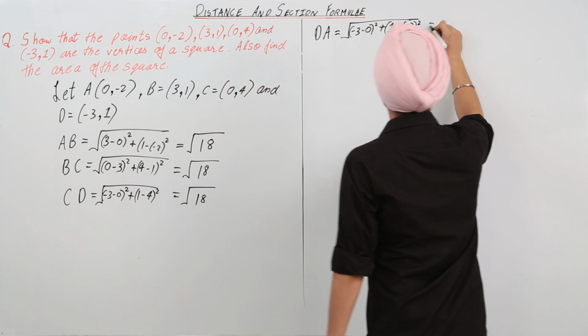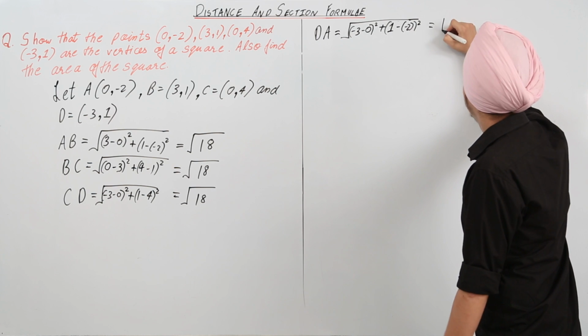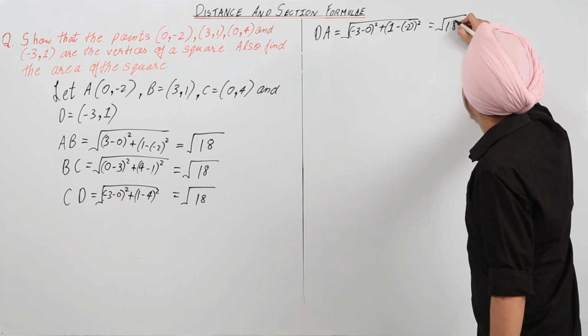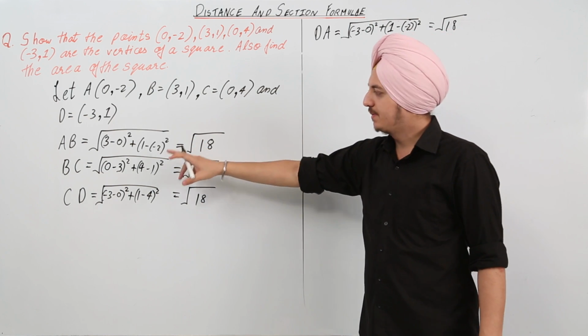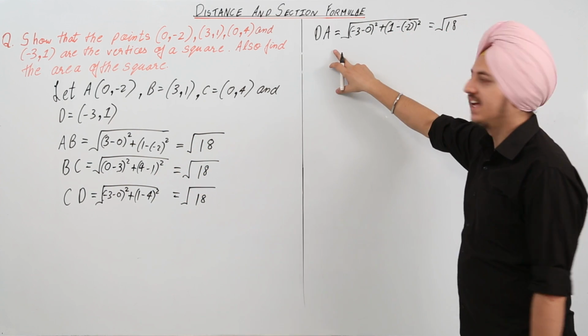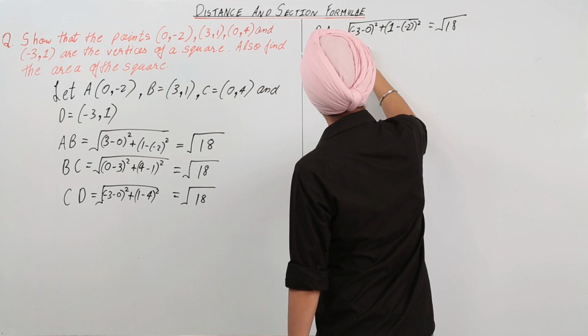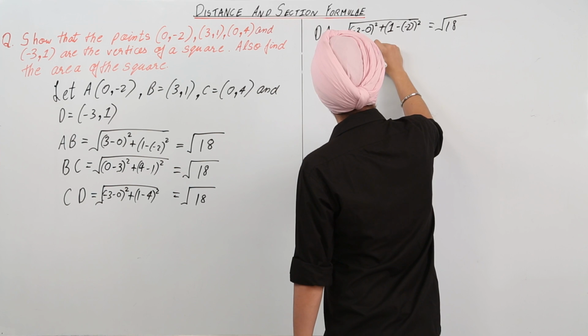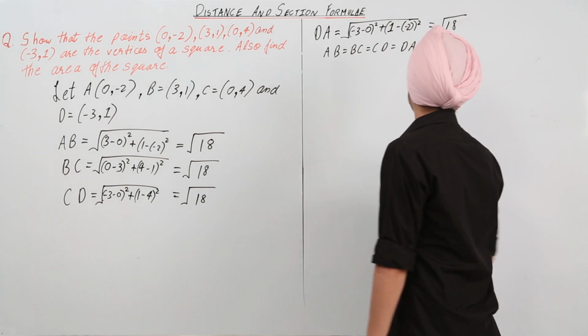So now this is again equal to 3 square plus 1 plus 2 is 3 square, that is the square root of 9 plus 9, that is 18. So now we have proven that AB, BC, CD and DA are equal. So AB is equal to BC is equal to CD is equal to DA.